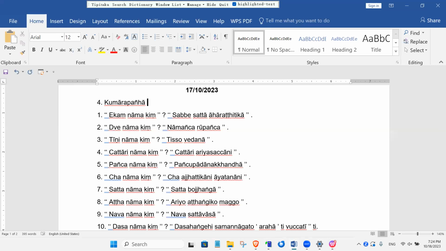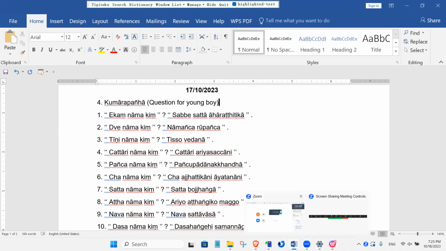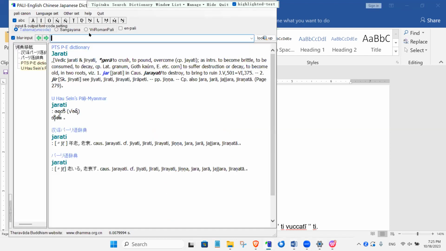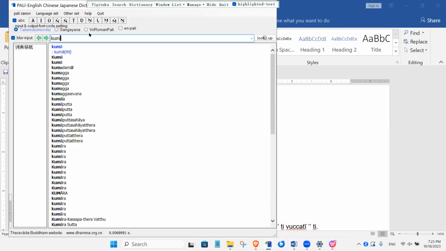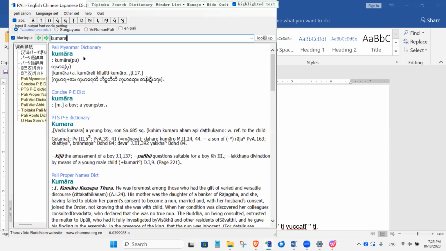It may be put as 'for young boy' because it's for the young novices, children. So the question is very short. Kumara, we don't translate as novice. Kumara is young children, very young. So that's why the question is very short. Boy, youngster. Okay.